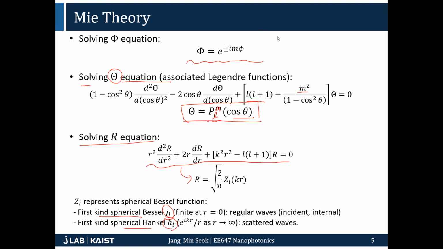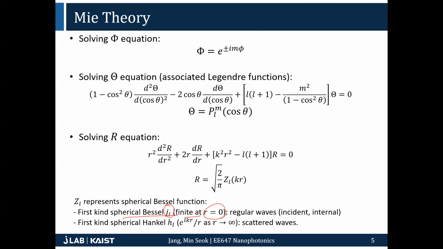The difference between these two is that j_L is finite at the origin, whereas the Hankel function tends to decay with this form as R goes to infinity.